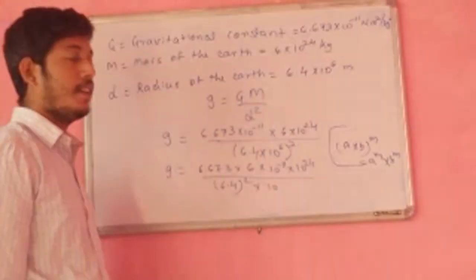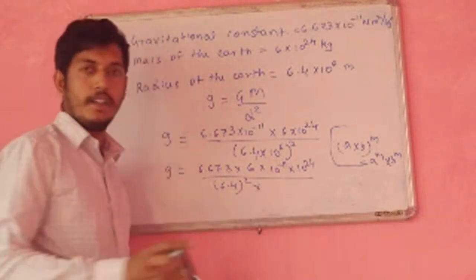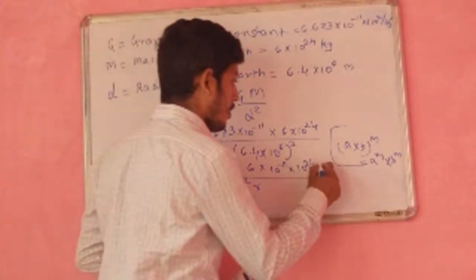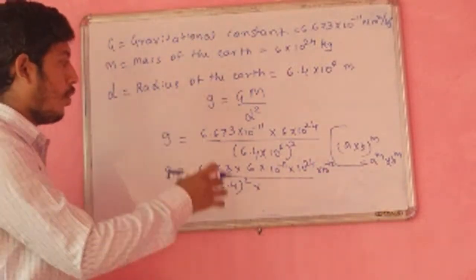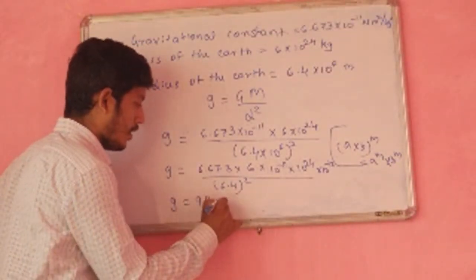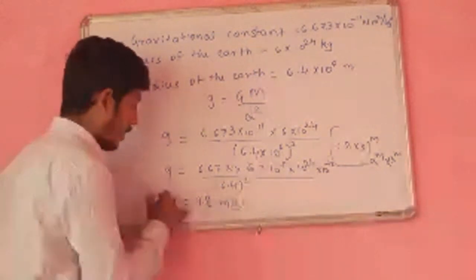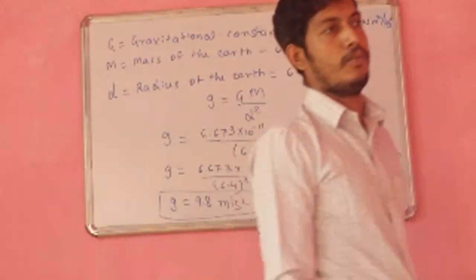That's why it becomes 10 raised to 12. When we take this 10 raised to 12 to the numerator, it becomes 10 raised to minus 12. Therefore, by simplifying all this, we get the value of small g as 9.8 meter per second square.